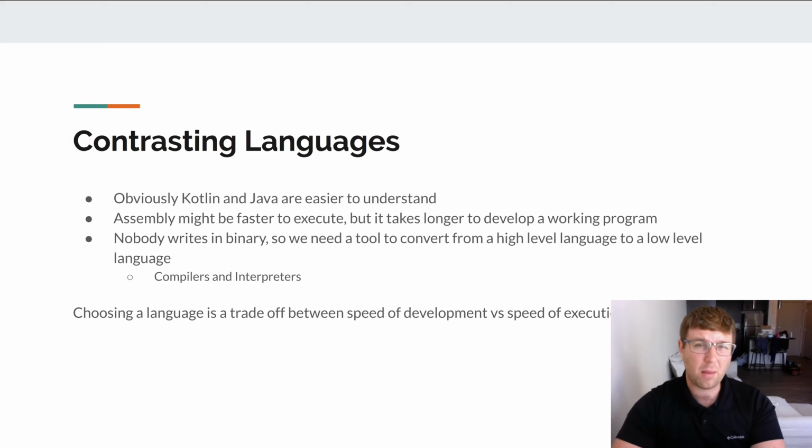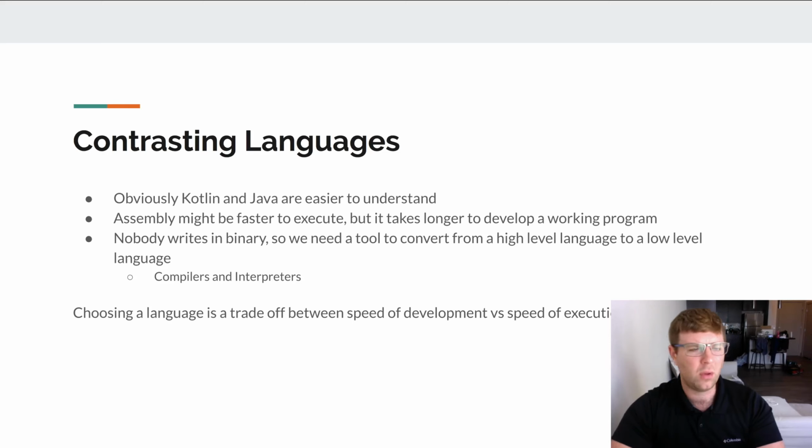The assembly probably will run faster if you were to write it in just assembly, but it takes a whole lot longer to develop. Nobody really writes in binary, and actually very few people write in assembly. Like I said, people used to write it for like Game Boy. Sometimes, I'm sure some people still do, but sometimes game programmers might do it if they're really trying to make a section of their code go blazing fast.